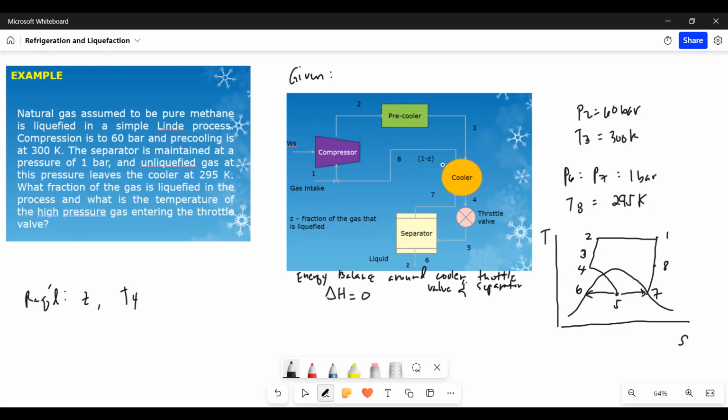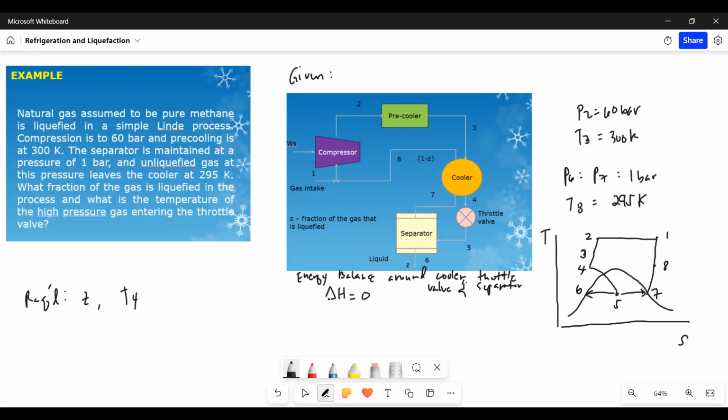But we have to consider, in writing the enthalpies of the entering and exiting streams, that the entering stream is H3 and the exiting streams are H8 and H6. Okay, we have to consider the mass fraction of those streams.